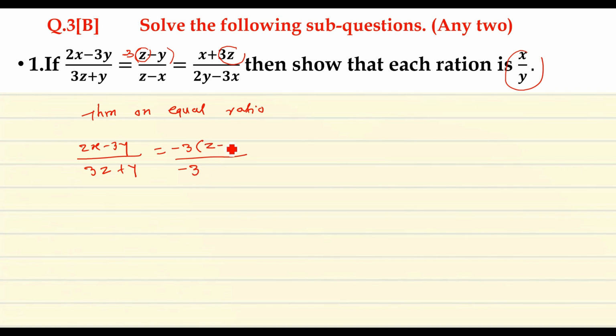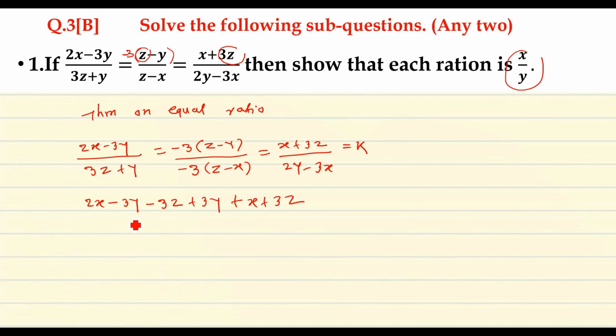So this is z minus y, this is z minus x, is equal to x plus 3z upon 2y minus 3x is equal to k. Now this will be 2x minus 3y; if I multiply it, this is minus 3z, this is plus 3y, plus x plus 3z.